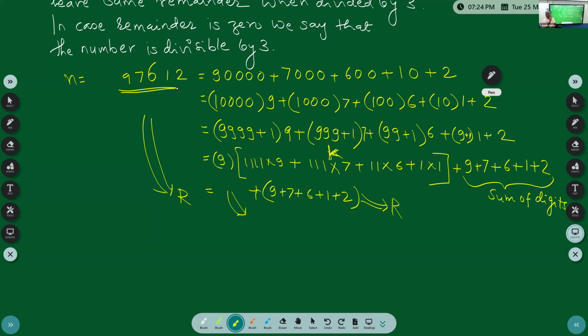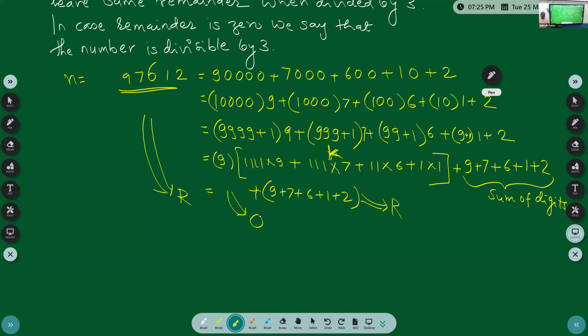No matter in how many parts you break the number, the remainder balance will take place, LHS, RHS. Therefore, because this is 9k, when we apply the test of 3, this will leave remainder 0, and the sum of the digits will leave a remainder which is the same as that of this number.